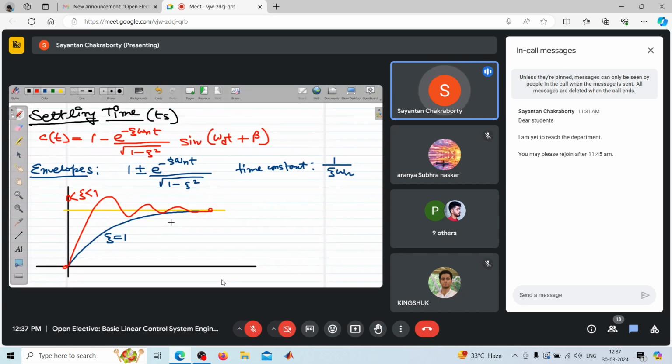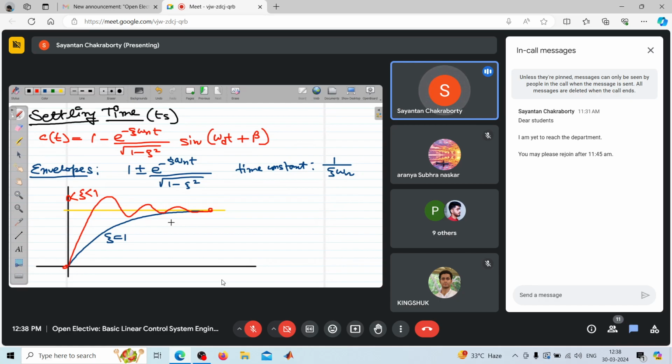Now, although it is contrary to the common belief you normally develop in your head, that critically damped will be fastest, no, it can be shown that a properly damped underdamped system will reach the steady state value faster or earlier than a critically damped system.